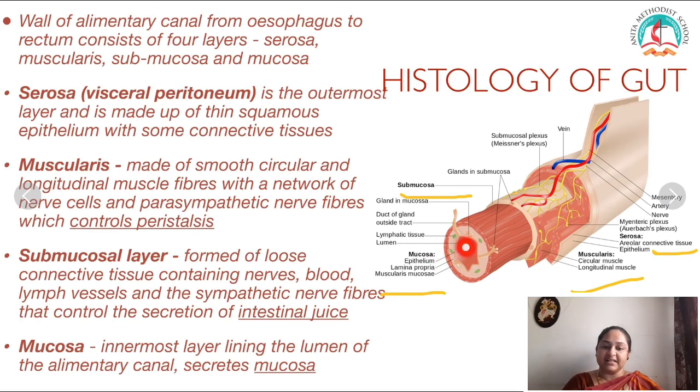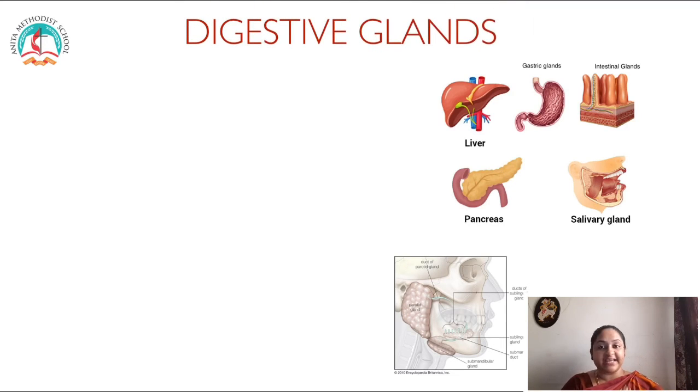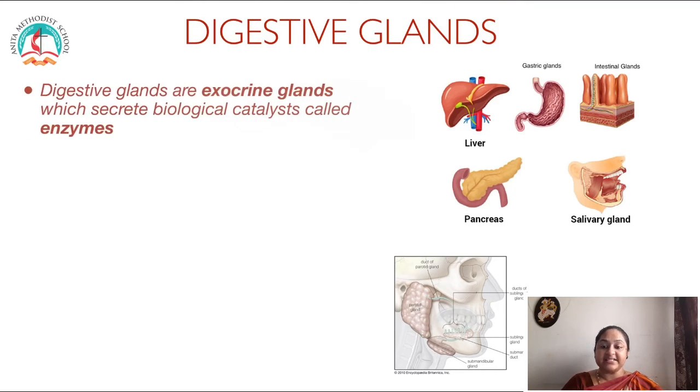Digestive glands. The digestive glands are exocrine glands, and they secrete biological catalysts called enzymes. So we learn about the liver, gastric glands, intestinal glands, pancreas and salivary glands.